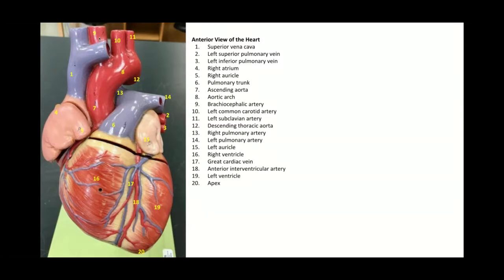The first one from the right to the left are the arteries which I named for you. Number 9 is called the brachiocephalic artery. Number 10 is the left common carotid artery, and number 11 is the left subclavian artery. They are the branches which come out of our aortic arch, and they can bring oxygen and nutrients to the parts which we have upper than our heart.